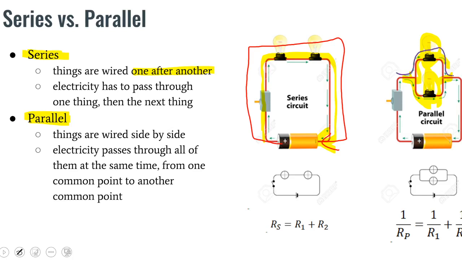It can go through both of these in parallel. So it can pass through both of them at the same time. That is the main point. It passes through all of them at the same time. So that we will identify as parallel.